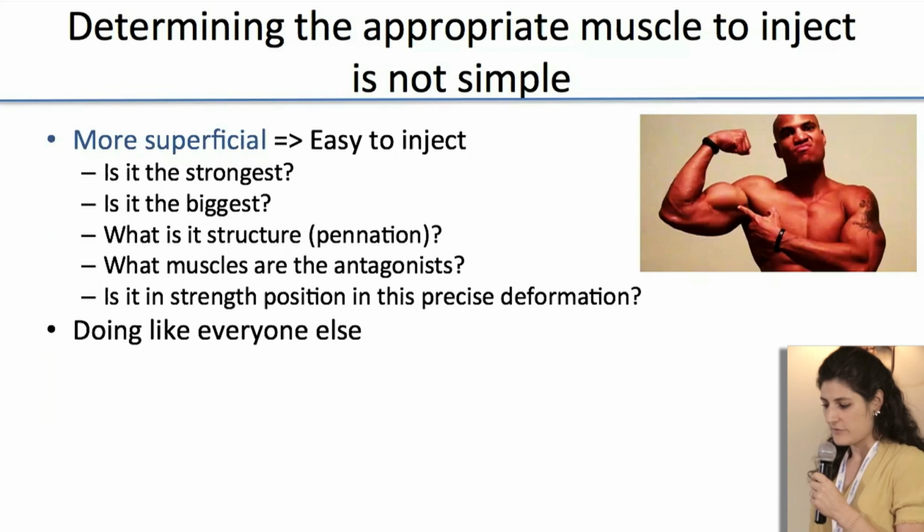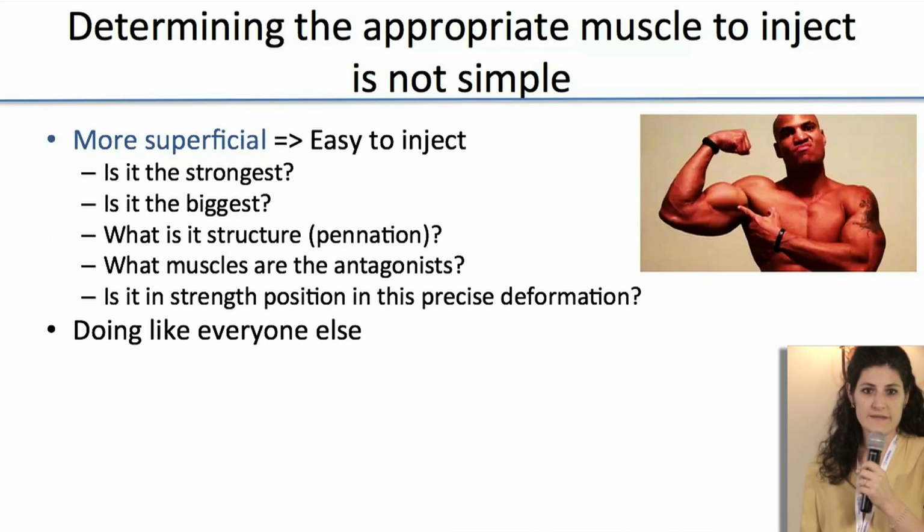But you have to wonder if it's the strongest or if it's just easy because it's the biggest. You also have to think about the anatomical structure of the muscle, the antagonist muscles. Is it the strongest in this precise deformation? I'm thinking about the biceps brachii.